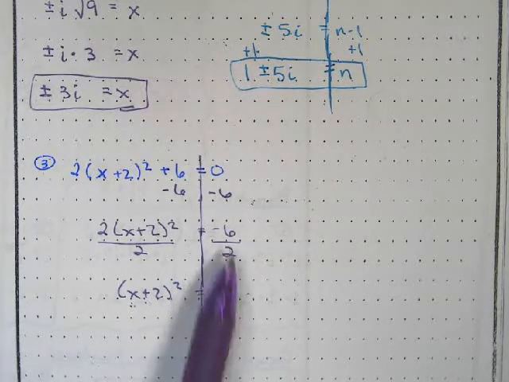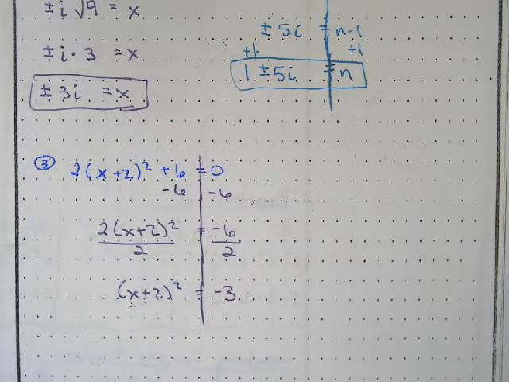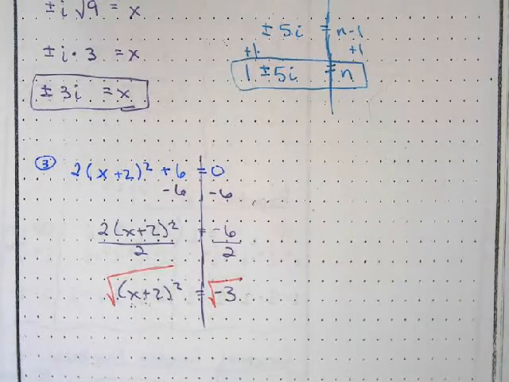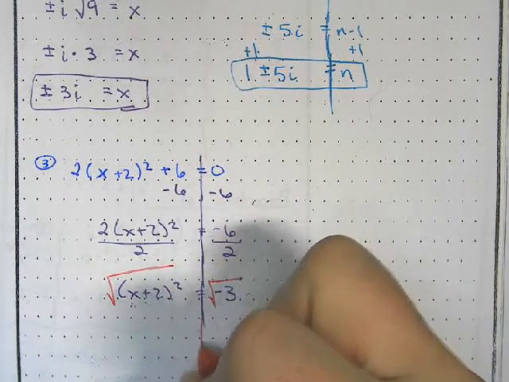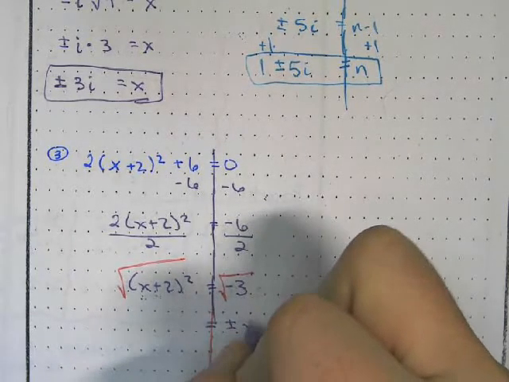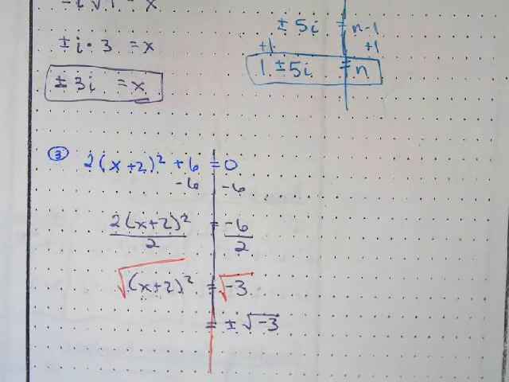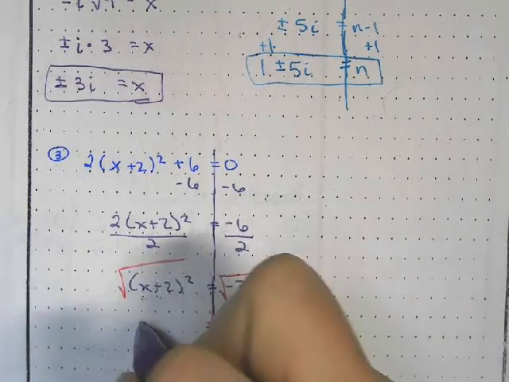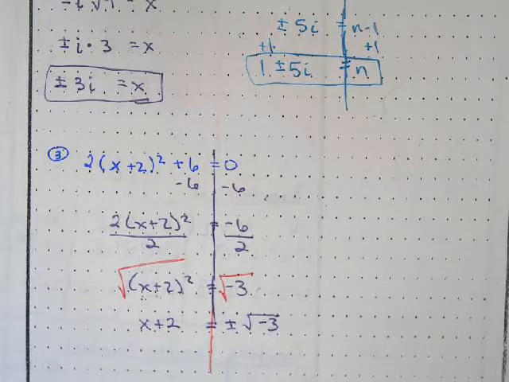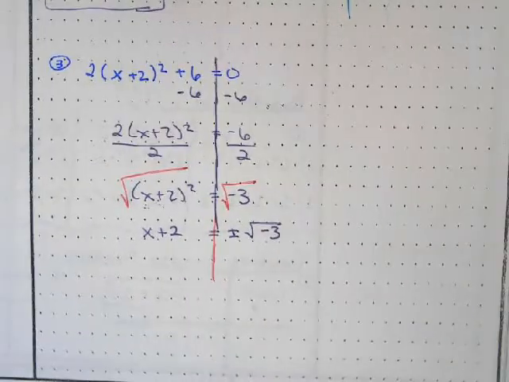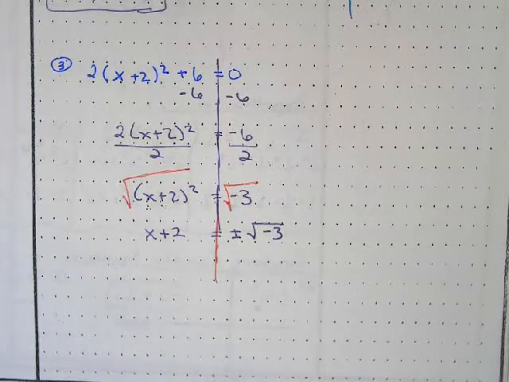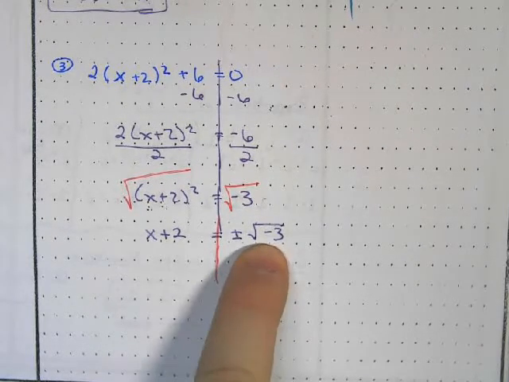So my square is isolated, and now it's time to take the square root of both sides. This is where my plus or minus will pop up. And I get rid of my square over here. So we'll simplify the square root.